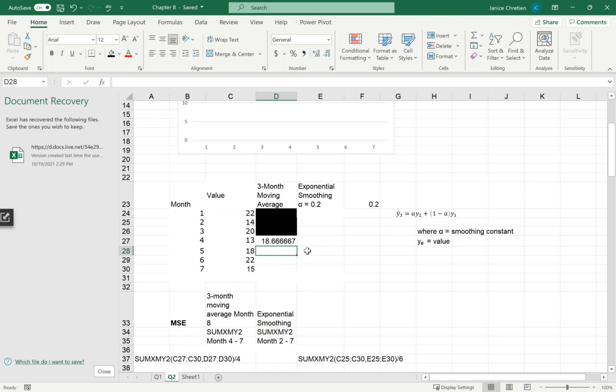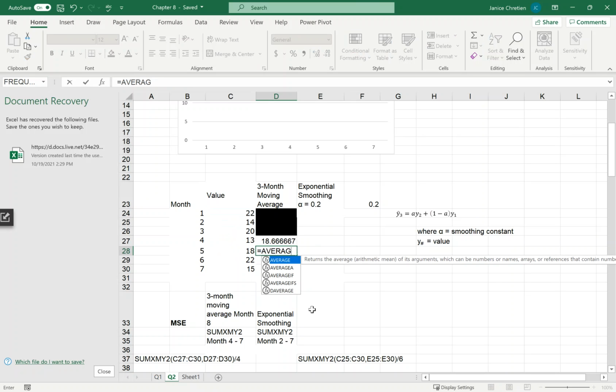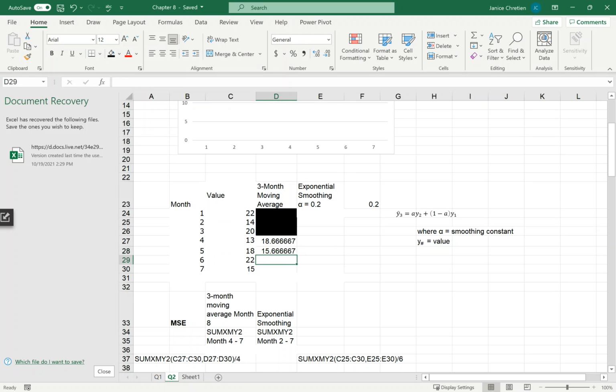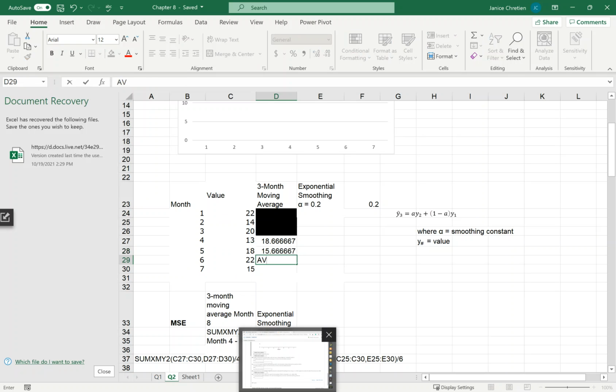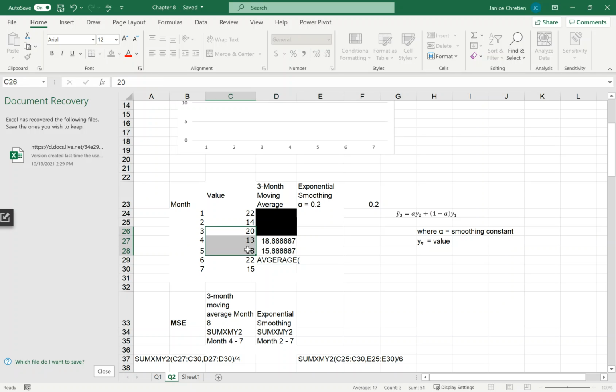And so month 5 will be the average of months 2, 3, and 4. And month 6 will be the average of the 3 months prior to that, which will be 3, 4, 5.